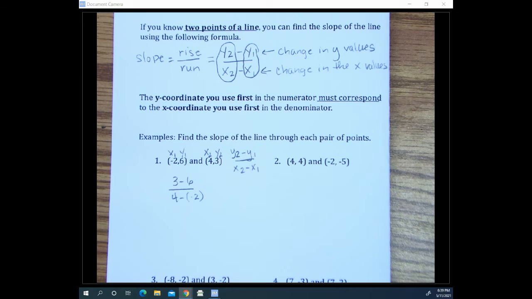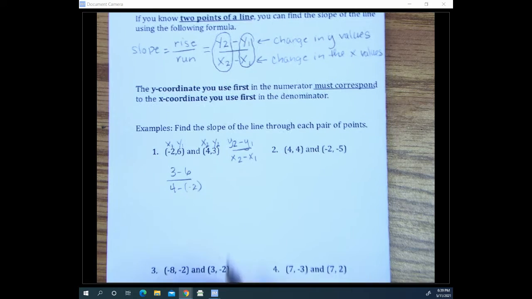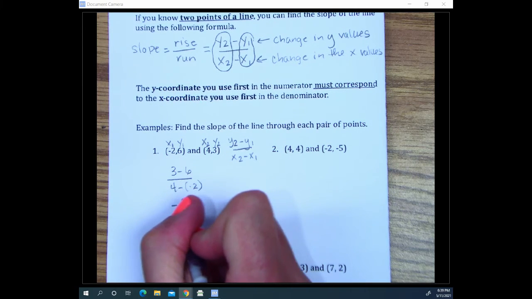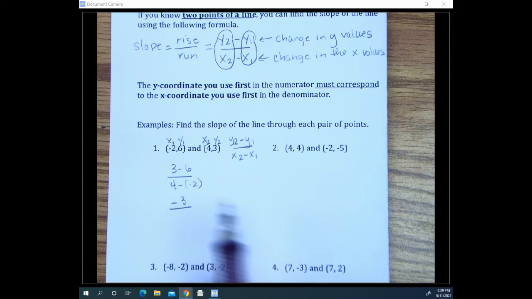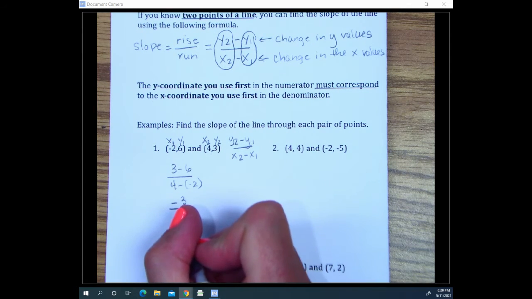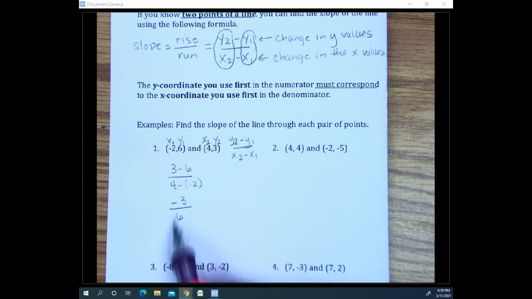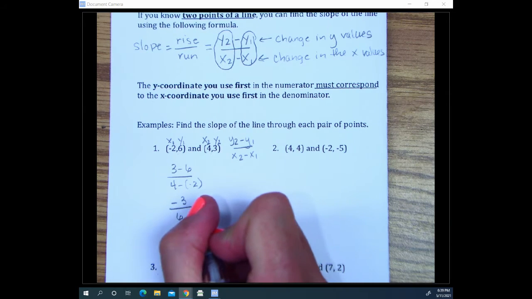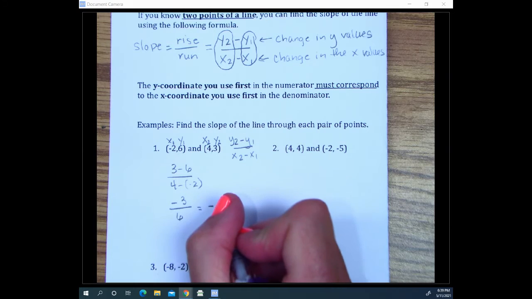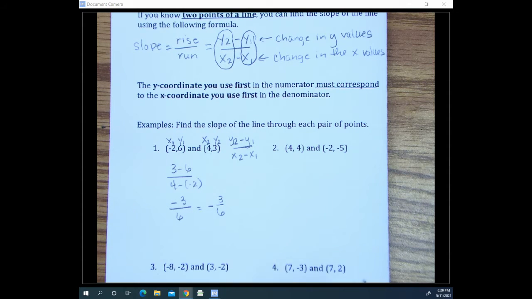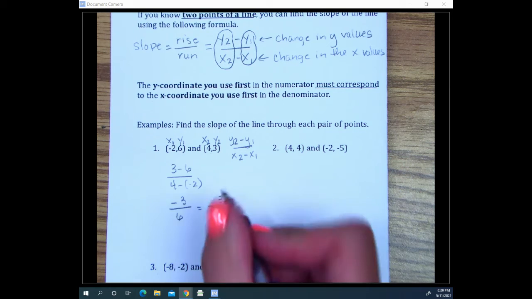I know that 3 minus 6 is the same as 3 plus -6, so that would be -3. And I know that 4 minus -2 is 4 plus 2, so that would be 6. Now I want to show that this is a negative slope, so I am going to write the negative right out with the fraction bar to show that the entire slope is negative. So it's a -3/6 slope.